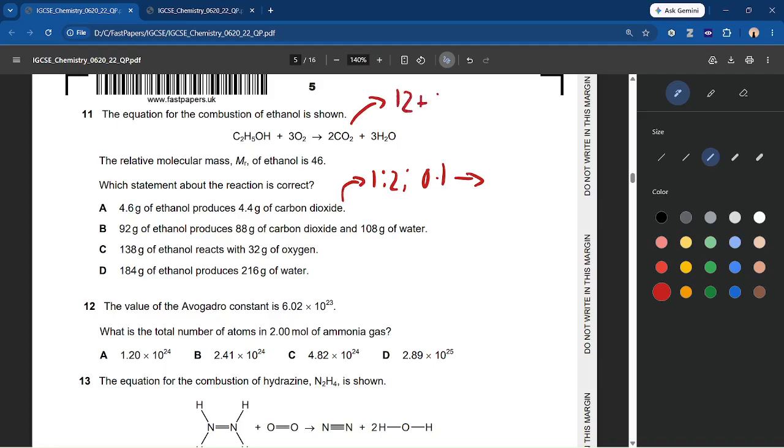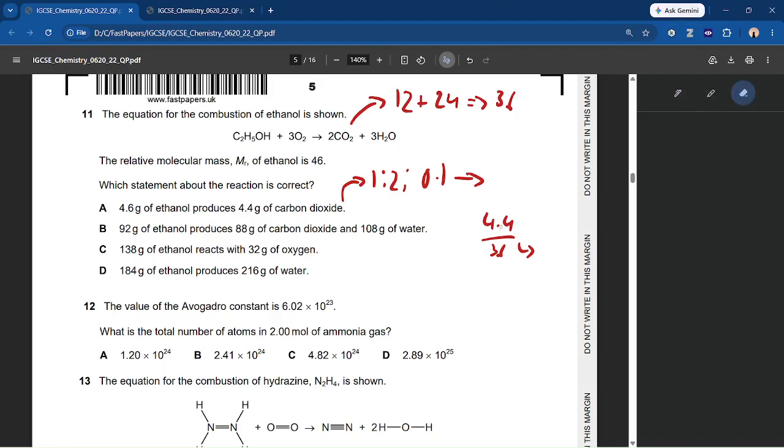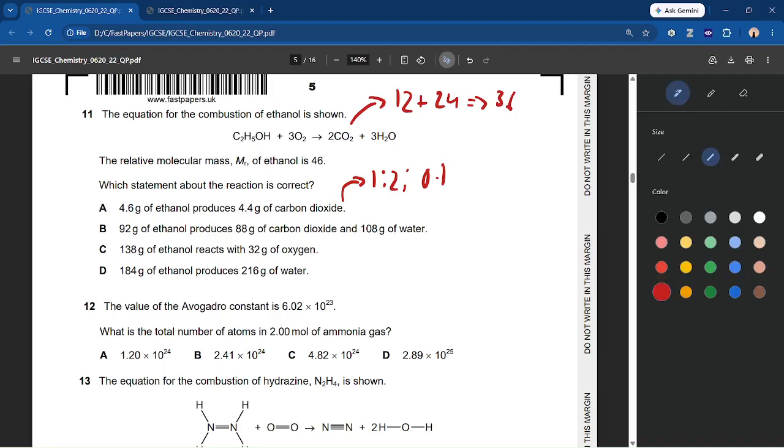So this is going to be 12 plus 32, which is 44. Oh, sorry, what am I doing? Sort of zoned out there. So because we have 0.1 mole, you're going to have 0.2 moles of CO2.